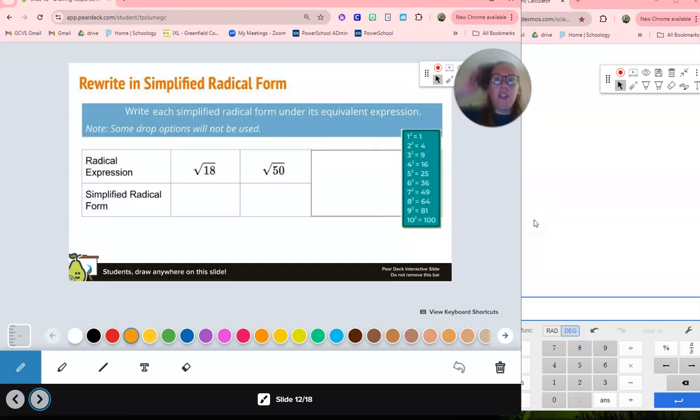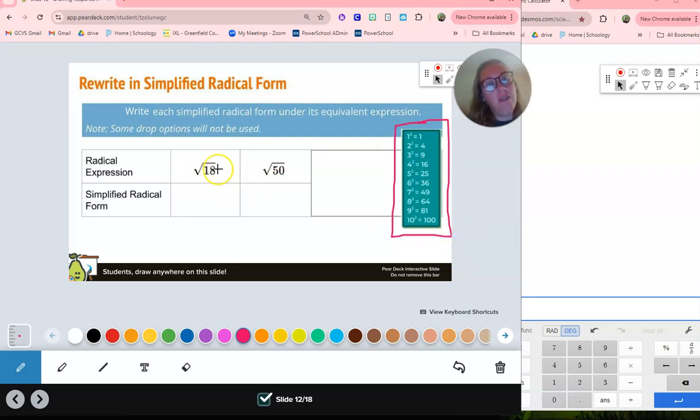Another thing we can do when simplifying our roots is simplify our radical form by pulling out any perfect squares. On the right-hand side, I put our first 10 perfect squares, ready for you if you need them.